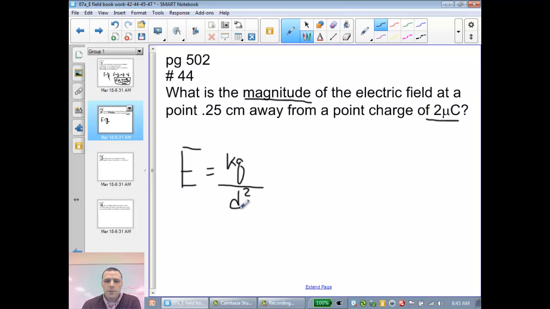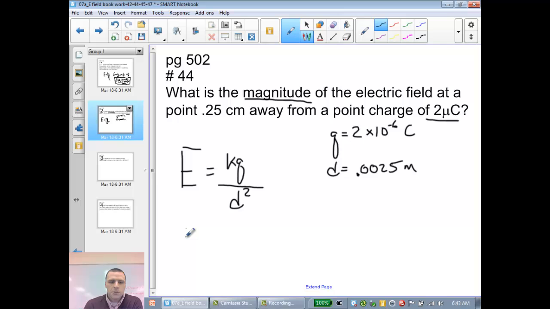We have Q and D, but we have to be cautious because Q is 2 times 10 to the negative 6 coulombs, and D is in centimeters, which we can't use in this problem, so I need to do a conversion: 0.25 centimeters is 0.0025 meters. Move it over 2 places to the left.